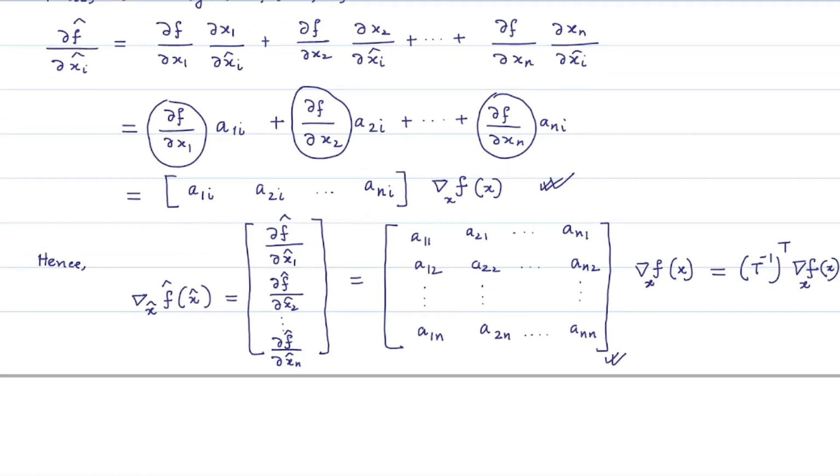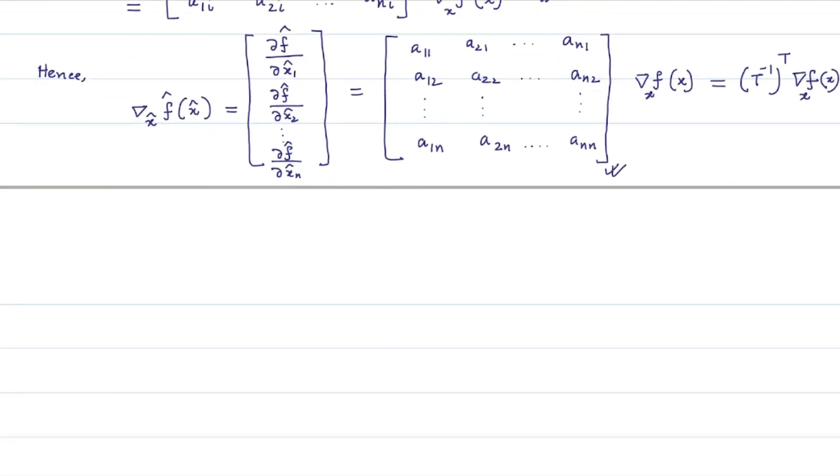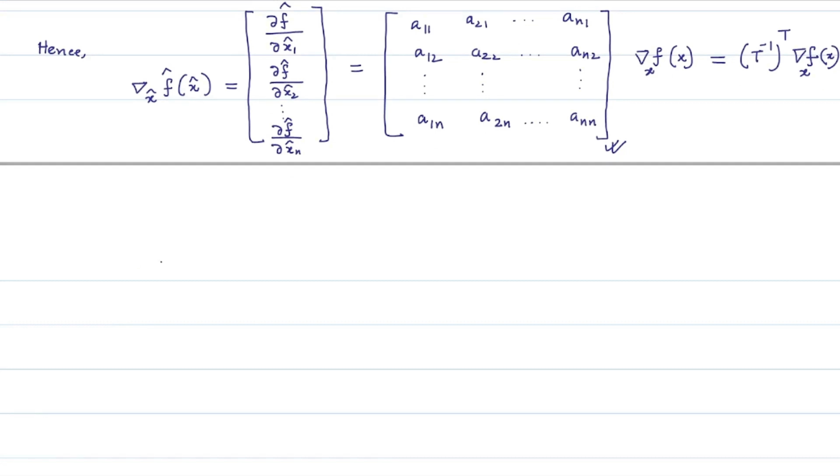So neatly we write the relationship between grad f with respect to x and grad f hat with respect to x hat by grad x hat f hat at the point x hat, which is given by the inverse of the transformation matrix, its transpose, times the gradient of f with respect to x at the point x.